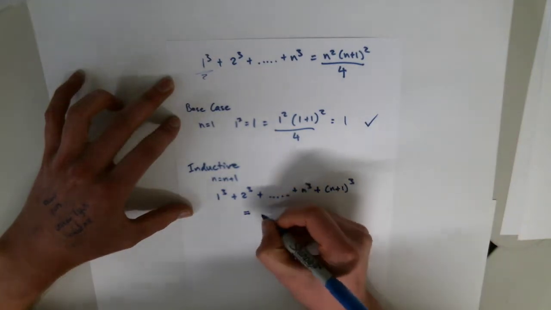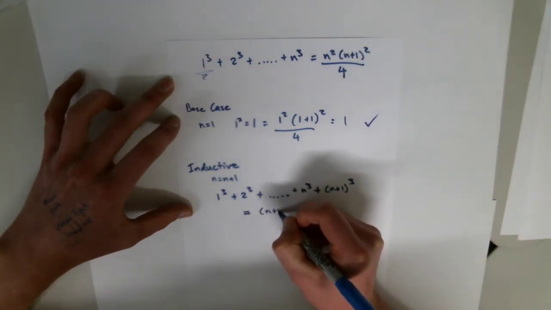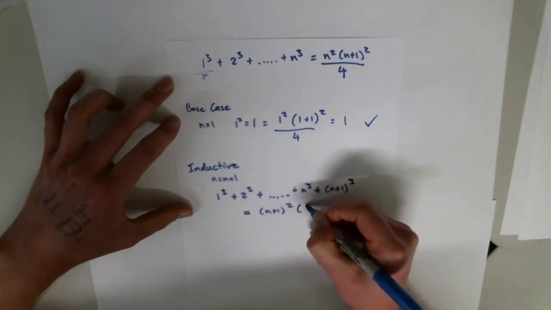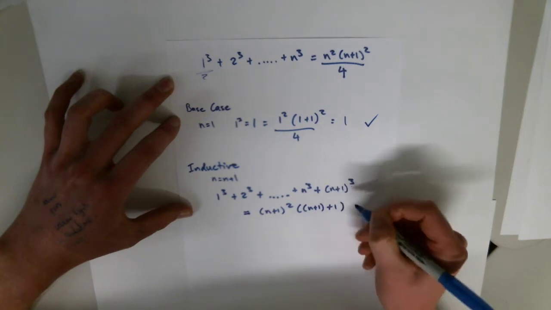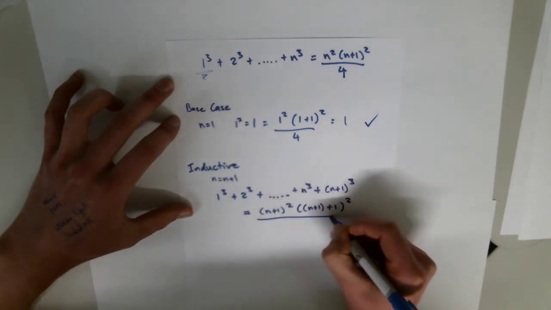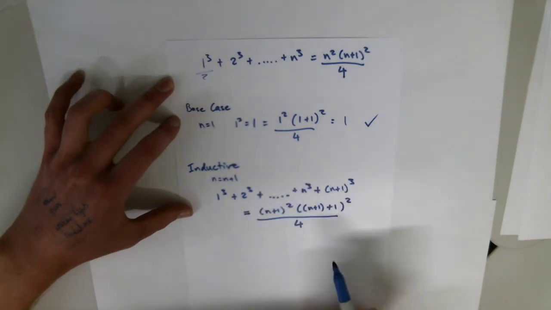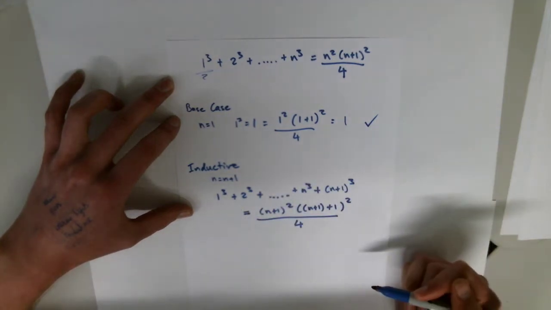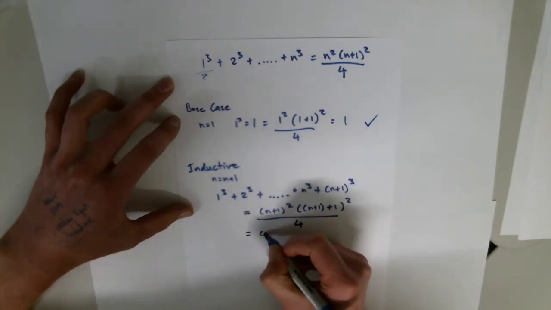Writing out explicitly, substituting in here, we get (n plus 1) squared times (n plus 1 plus 1) squared all over 4. If we can now show that this equals this, that will be our inductive proof done.